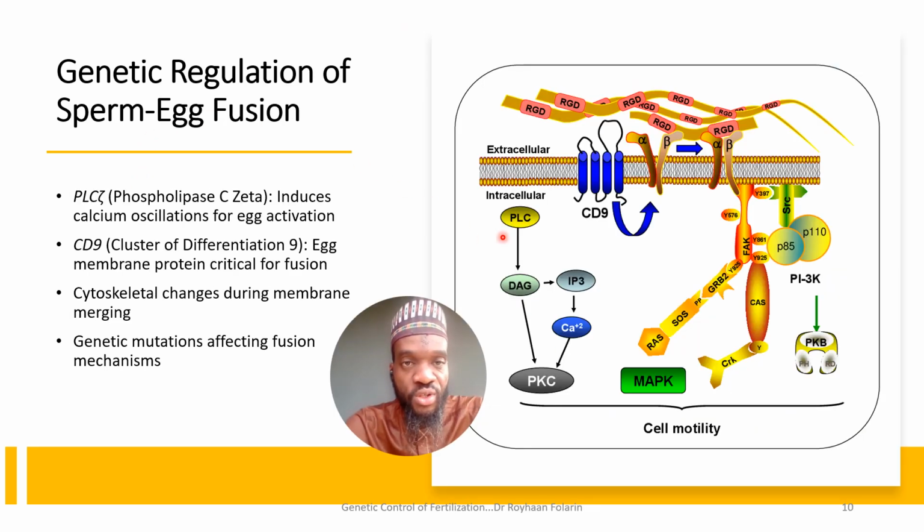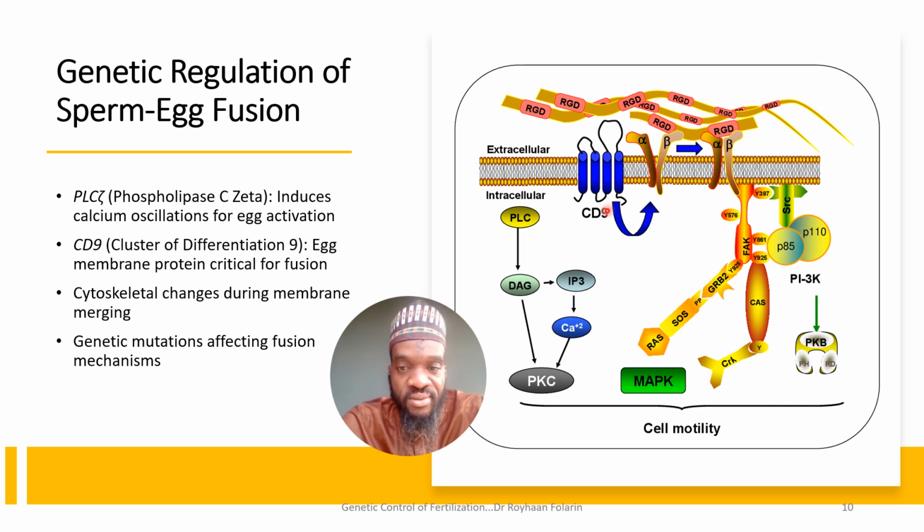Furthermore, fusion of the sperm and egg membrane is a genetically controlled process as well. So you have the sperm protein PLC zeta. PLC here is phospholipase C zeta. This one initiates calcium oscillation, you see that here, and this ends up activating the egg.